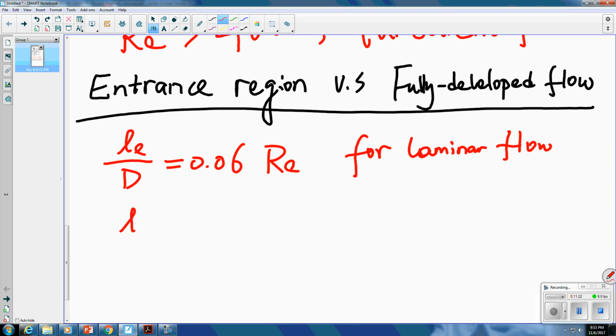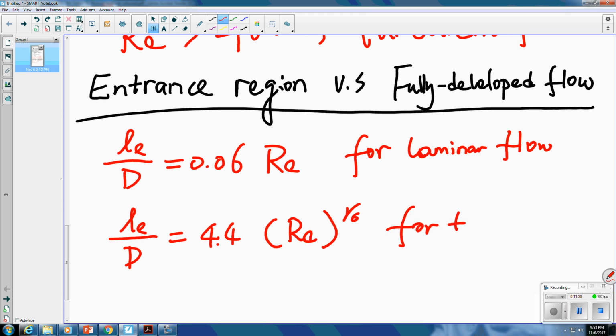And for turbulent flow, the equation is L_E over D equals 4.4 times Reynolds number to the 1/6 power. This is for turbulent flow.